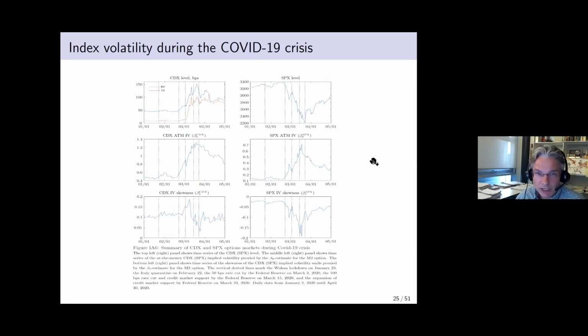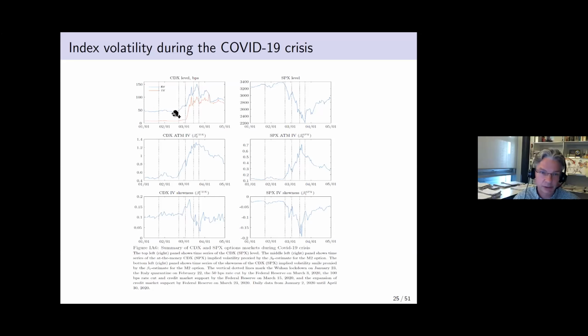This is the first graph of what happened during the COVID-19 crisis. This is the recent period since January to very recently. On the left-hand side you have the credit default swap index level. That's the annual cost of insuring yourself against defaults in a basket of 125 investment-grade firms. This is the 5-year cost. This is the 1-year cost.